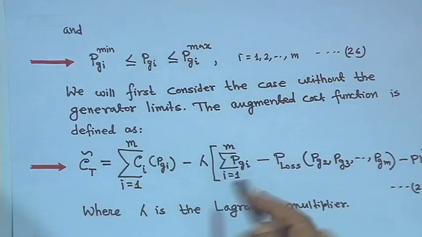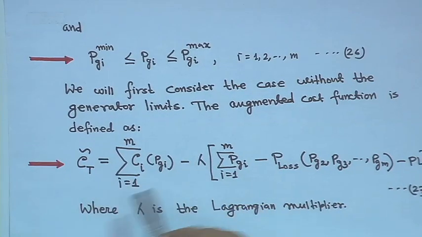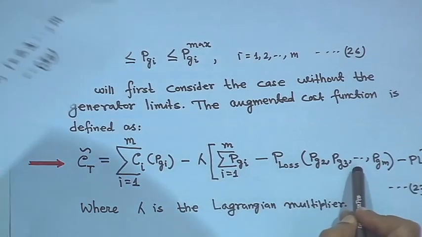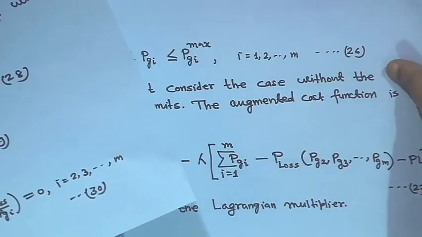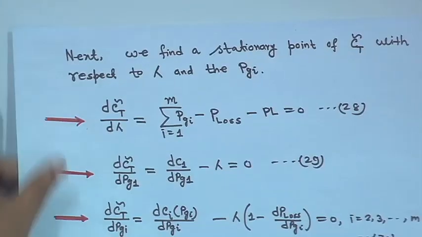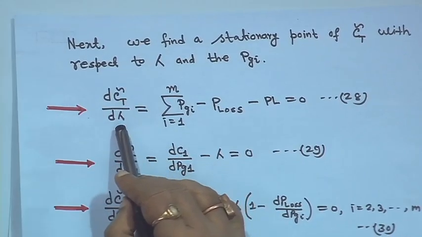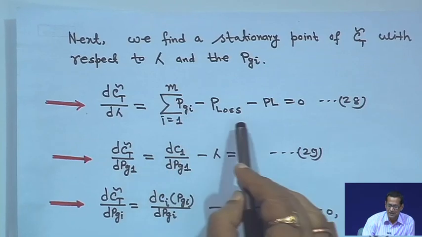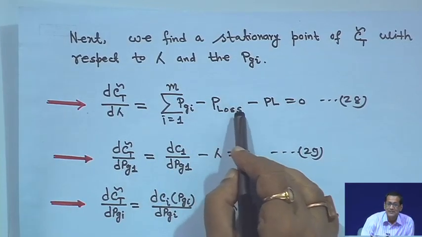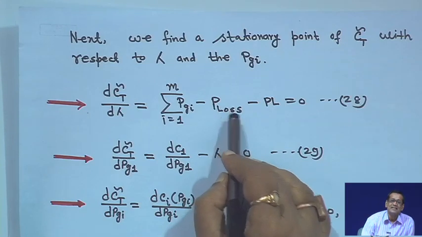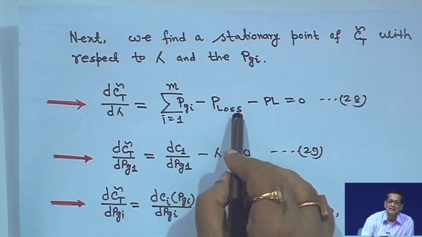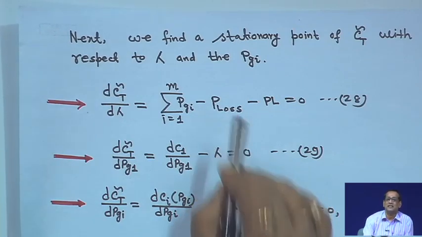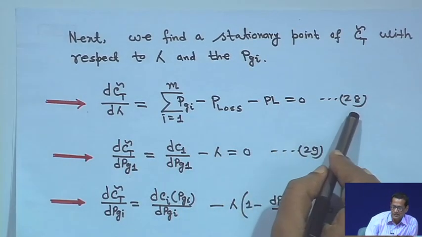There will be a minus sign here, but since it is equal to 0, there is no need to consider the minus sign. So, d Ct tilde upon d lambda is equal to sigma i equal to 1 to m Pgi, the sum of all the generation, minus P loss, minus PL equal to 0. P loss is a function of Pg2, Pg3 up to Pgm, but I am not writing it again and again; it is understood that P loss is a function of the generated power except the slack bus. This is equation 28.